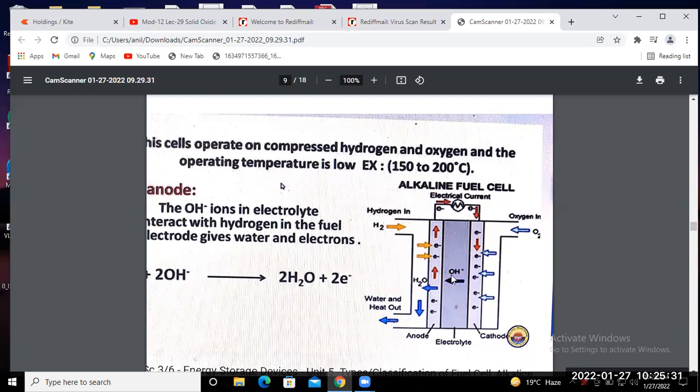When the oxygen comes here, with the OH minus of the electrolyte it makes the reaction to H2O and releases the electrons.